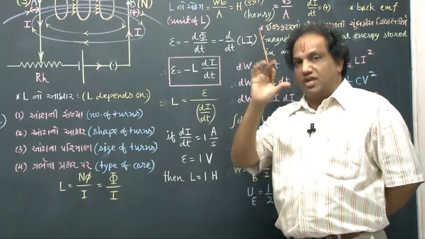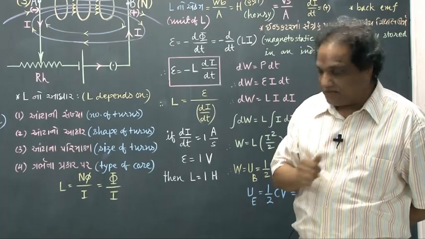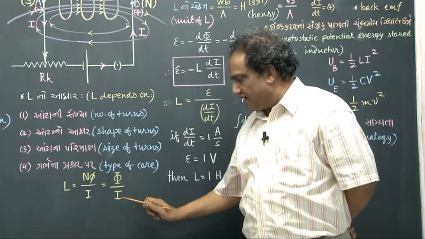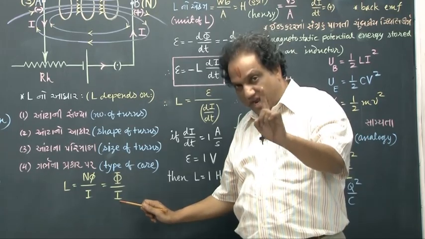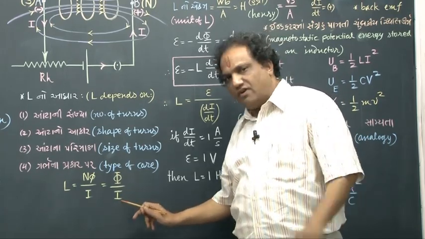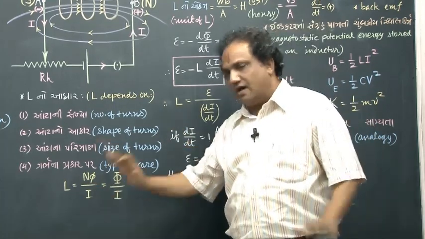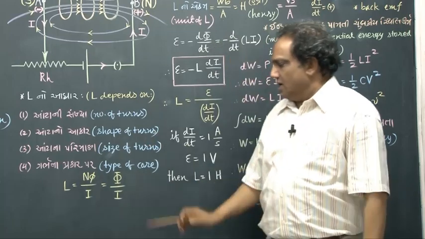Whenever you find a ratio and you want to define it, the left hand side quantity, what you do on the right hand side is make the denominator 1 unit. So if you take I equal to 1 unit, then what will be the definition of L? I am showing you, very simple.